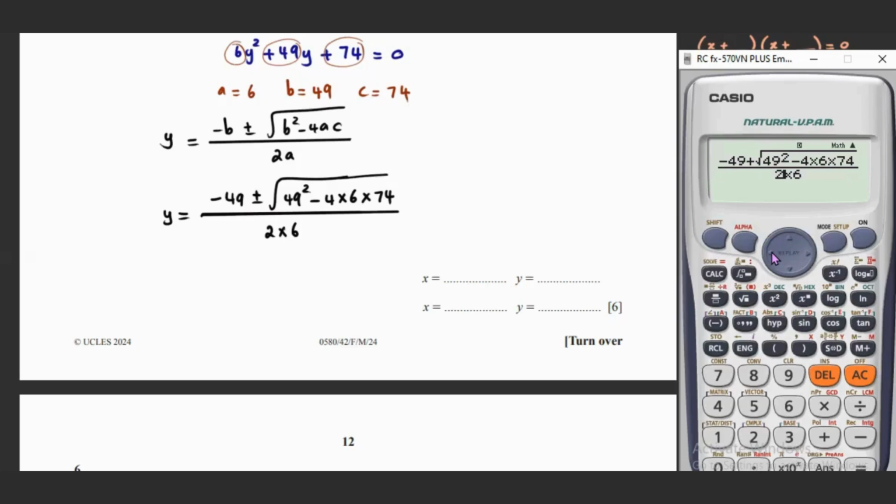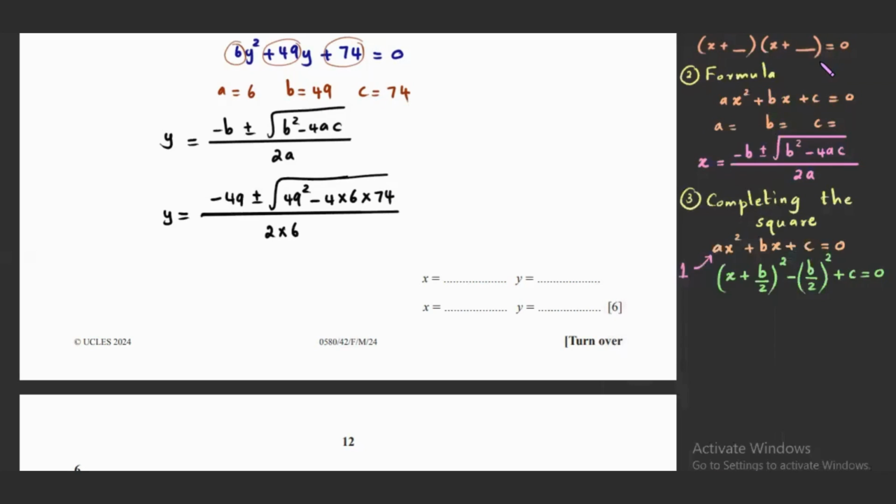So I'm going to change this plus into a minus and see what I get. When I do that, I get minus 37 over 6, which means the two values we get for y are minus 2 and minus 37 over 6. So these two are the y values, and let me put those y values here, which is minus 2 and minus 37 over 6. Now we know the y values, we need to find their x values.